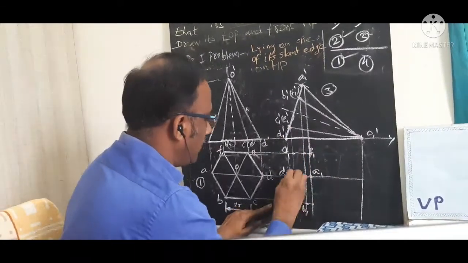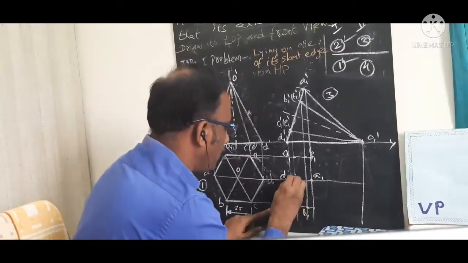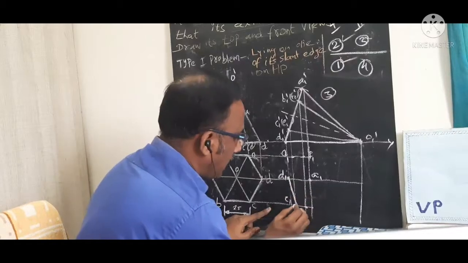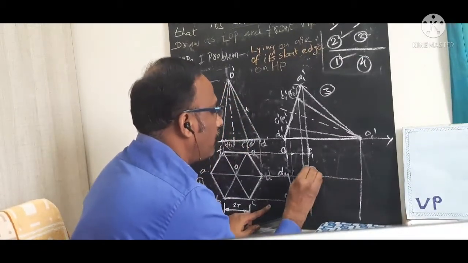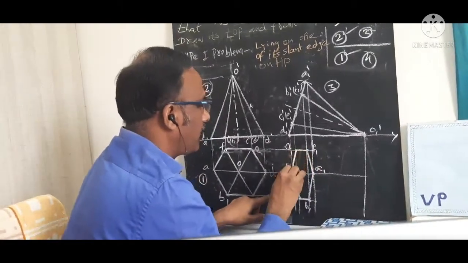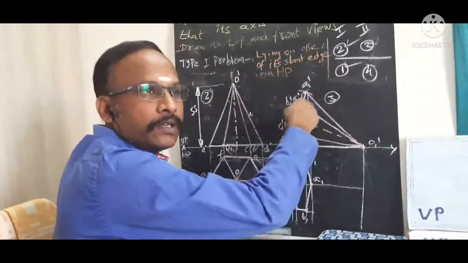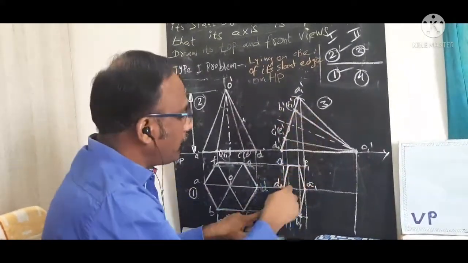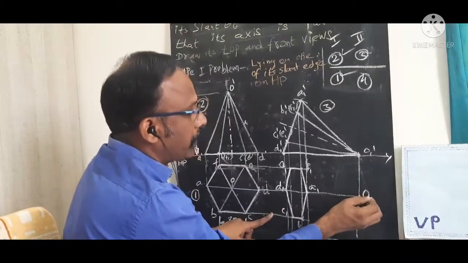So connect D1 C1, C1 B1, B1 A1, A1 F1, F1 E1, and E1 D1. This top face of the pyramid you need to connect. Now this marking point I will mark as O.